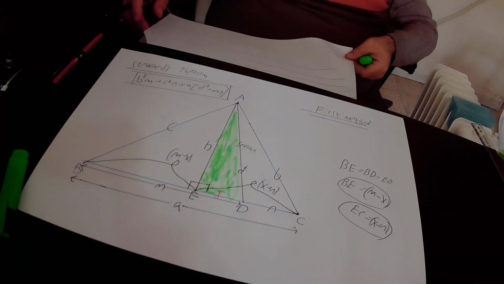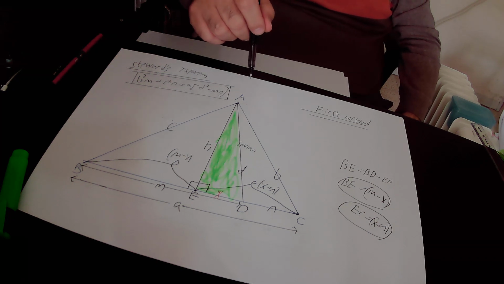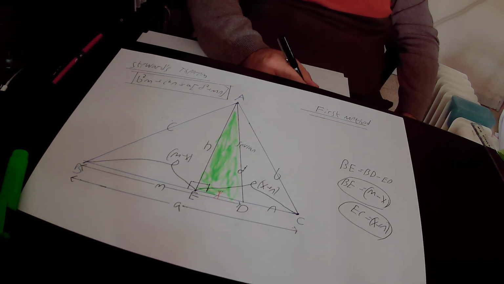In the next step, we'll implement the Pythagoras theorem on the right triangle AEC.